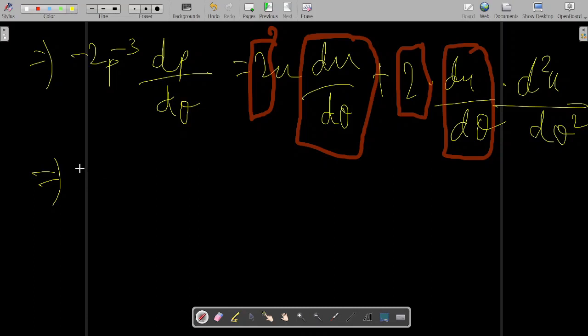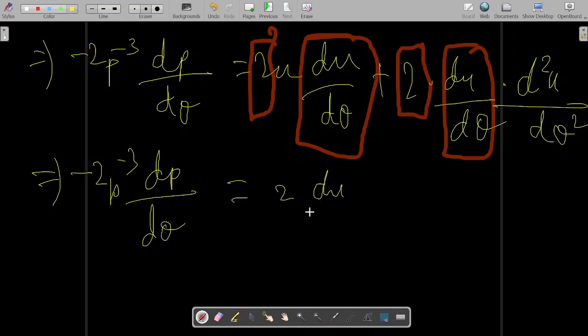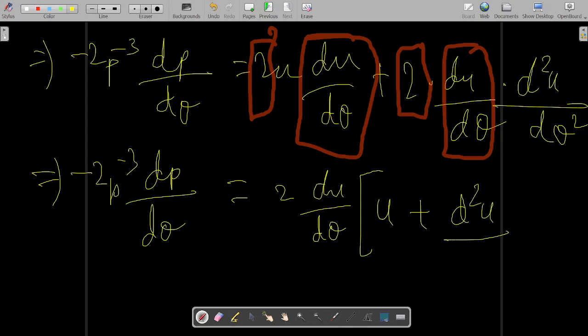So after taking those two things out common in the bracket, dp by d theta is equal to 2 du by d theta times u plus d2u by d theta 2. Got it? This is the thing which you got.